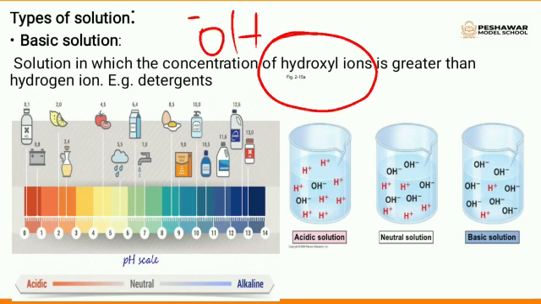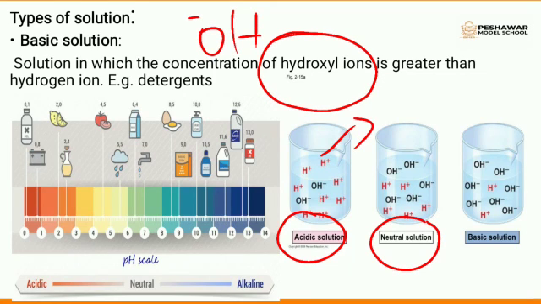Look at this diagram. The acidic solution beaker contains a greater number of hydrogen ions than hydroxyl ions. In the neutral solution, there are equal numbers of hydroxyl and hydrogen ions; as you see, there are 5 hydroxyl ions and 5 hydrogen ions.